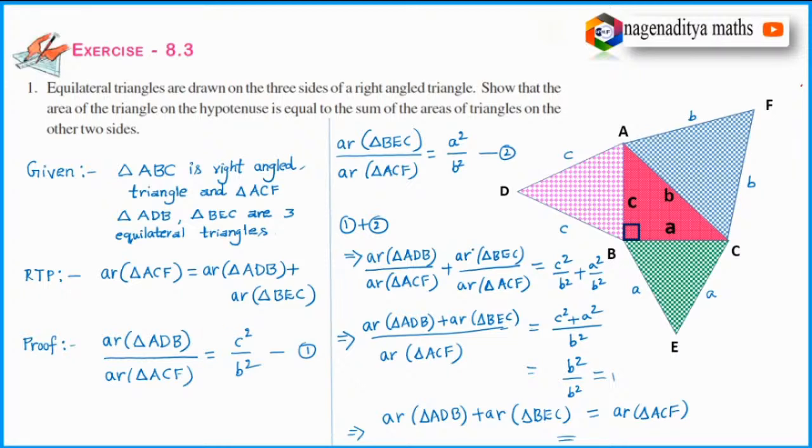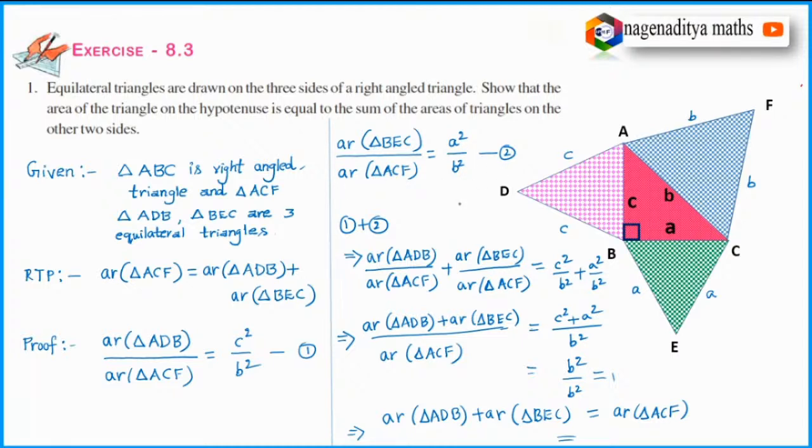So in triangle ADB, the corresponding side is AB, which corresponds to AC. So the ratio of areas of two similar triangles must be equal to the ratio of squares of corresponding sides. That means C square by B square. Similarly, we have area of triangle BEC by area of triangle ACF is equal to A square by B square.